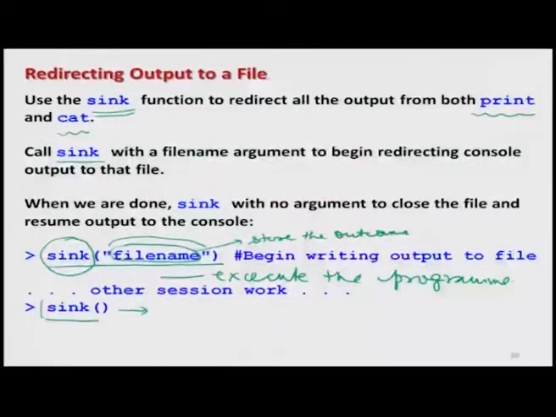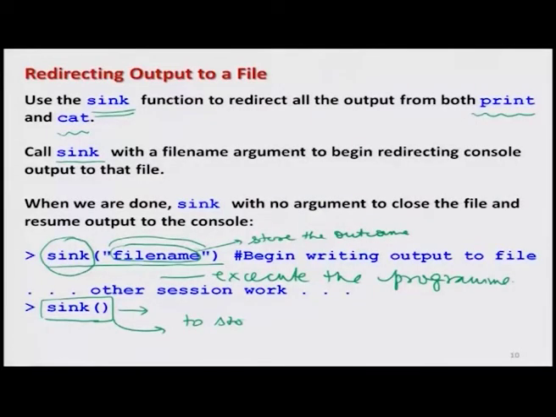But once I have done my job, if I give sink with no arguments, then again I am informing the R software: now please stop giving the outcome of the program inside the file, and show the outcome only on the R console, that is on the screen.